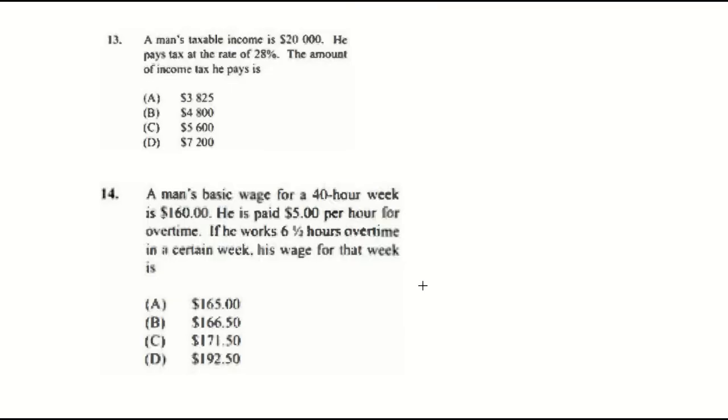Let's look at this one. A man's taxable income is 20,000. He pays a tax at 28%. This is a new question. We want to know his tax. His tax is going to be 28 over 100 multiplied by 20,000.